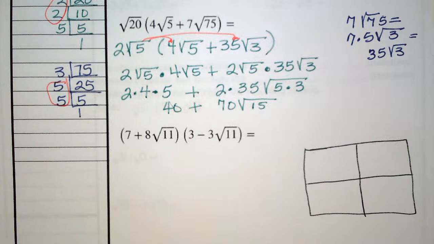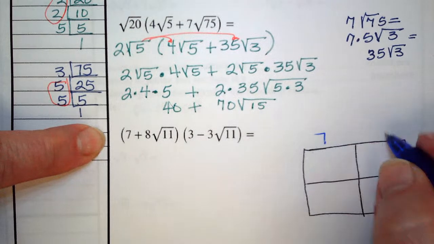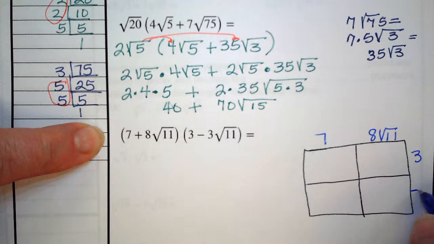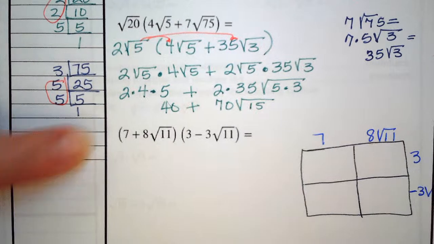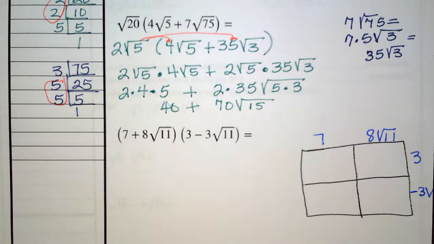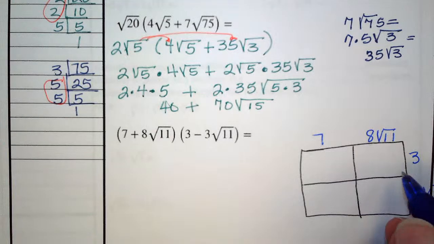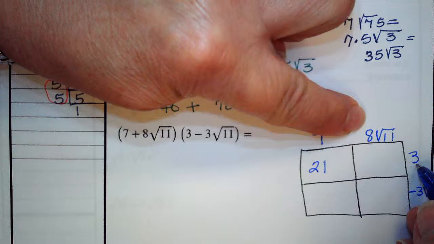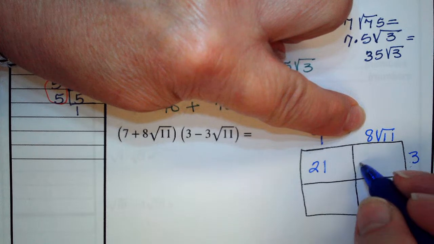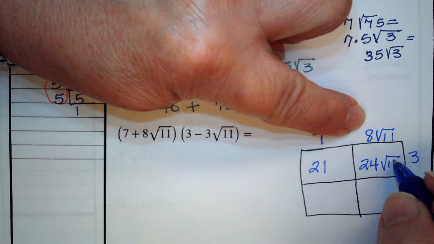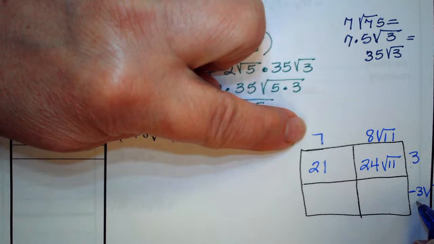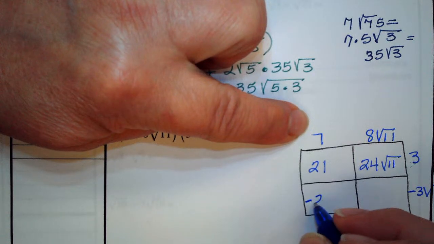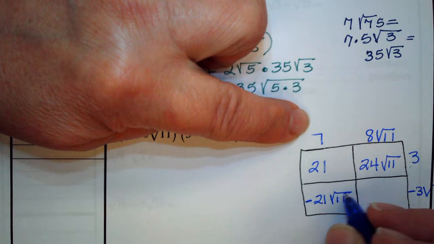Okay, so 7, and this is 8 square root of 11. 3, negative 3 square root of 11. 7 times 3. 7 times 3 is 21. 3 times 8 square root of 11 is 24 square root of 11. Negative 3 square root of 11 times 7 is negative 21 square root of 11.